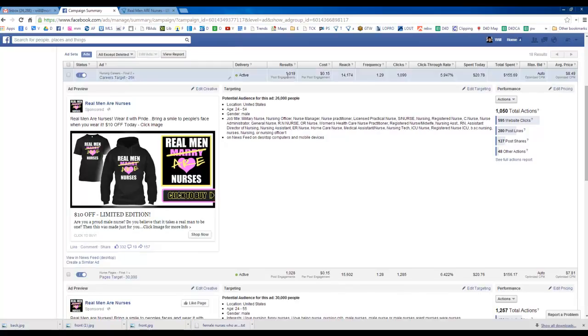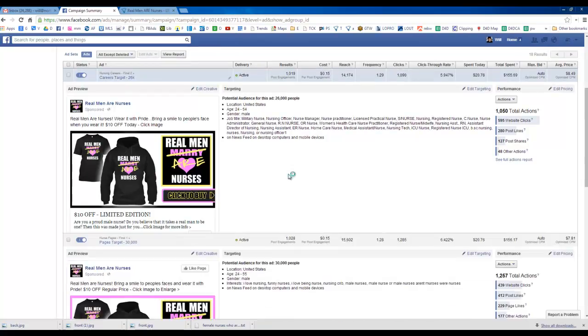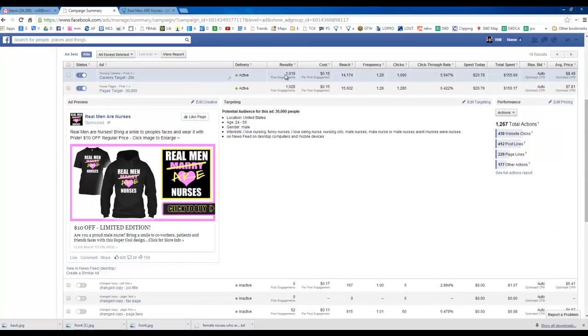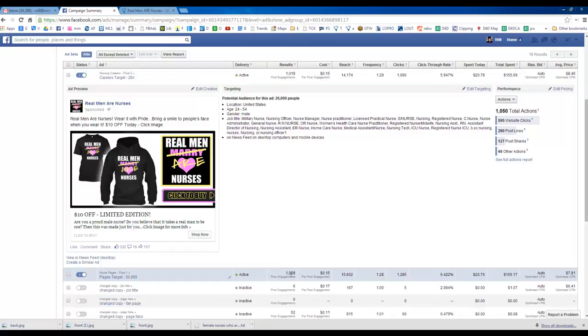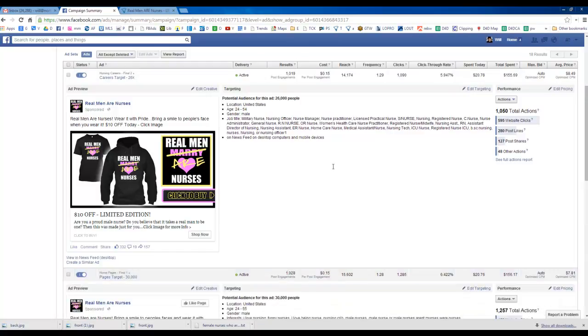Wow, they're running like neck and neck. Look, 1,019 there and 1,028 here. 15 cents and 15 cents. 15,000 reach, 14,000 reach, 15,600 actually. We're at a frequency of about 1 1/4 to 1 1/3.